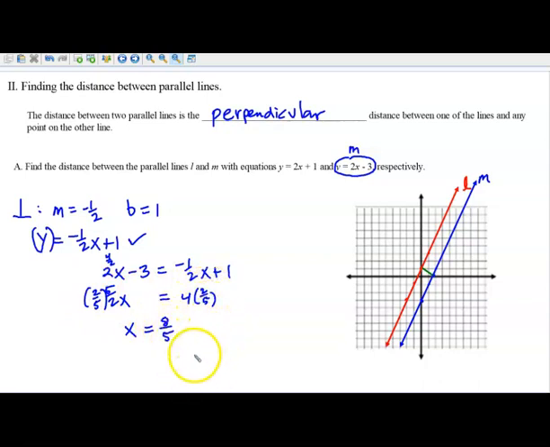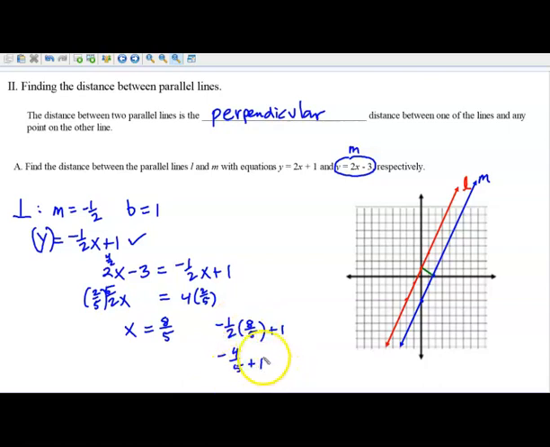So x is 8/5. And now to solve for y, I can go up here in this equation that is already solved for y, and I can replace x with 8/5. So y is going to be negative 1/2 times 8/5 plus 1. And that is negative 8/10, which reduces to negative 4/5.